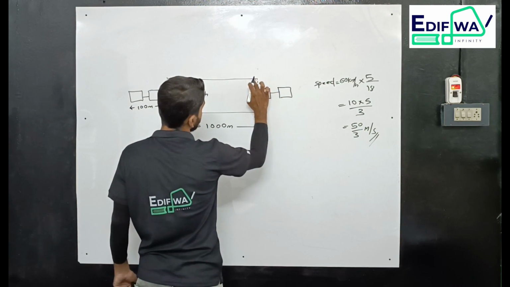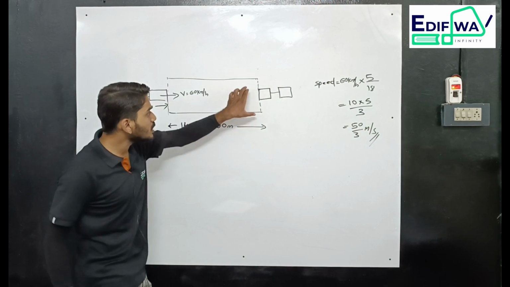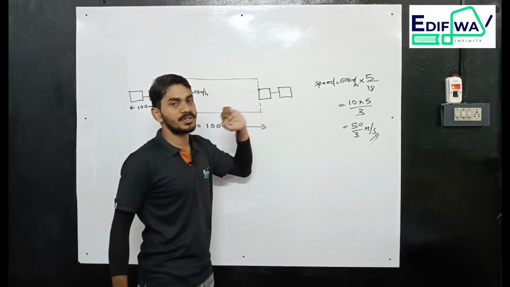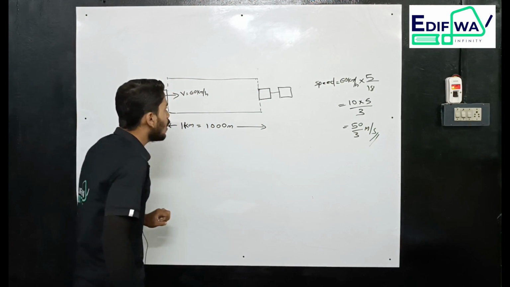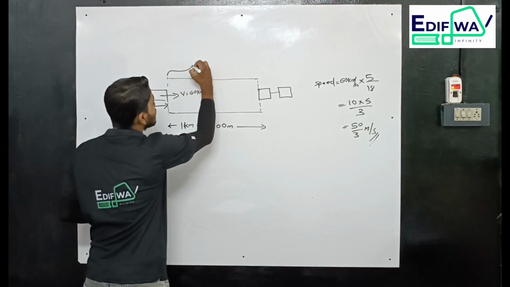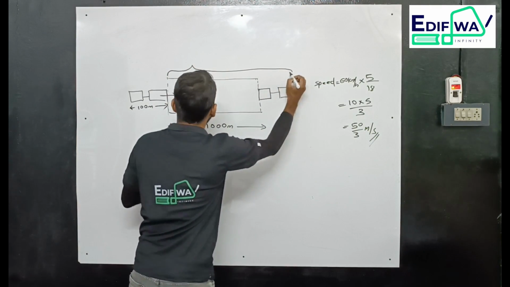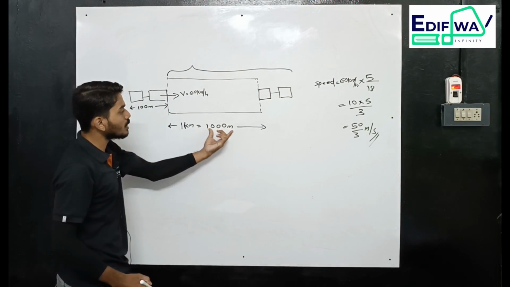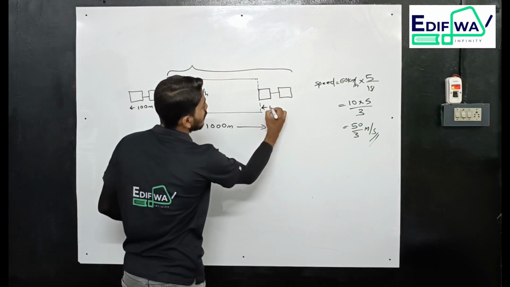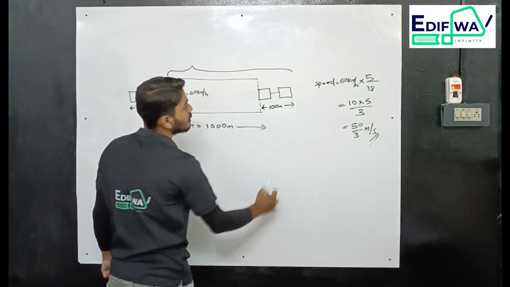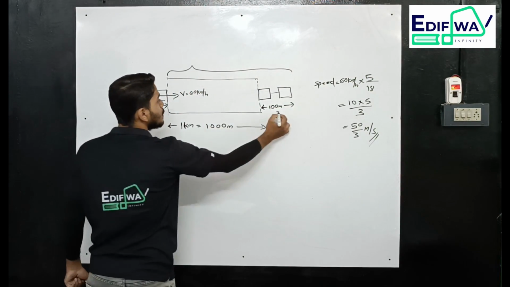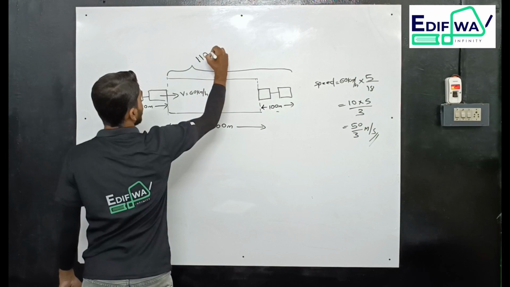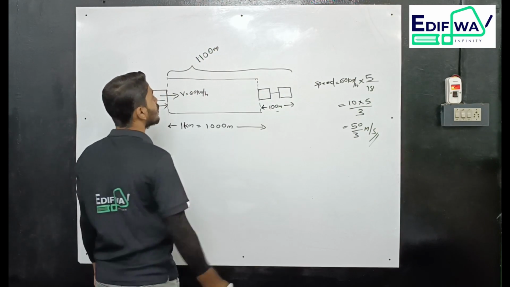Now see. Now the train passed the bridge. Clear? Then what is the total distance the front part of this train should cover? This is already 1000 and this is 100. So the total distance will be 1100 meter.